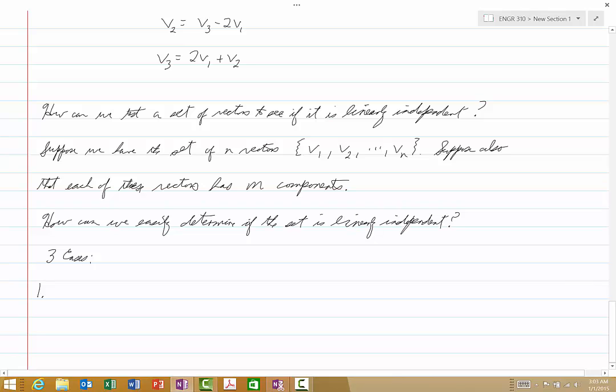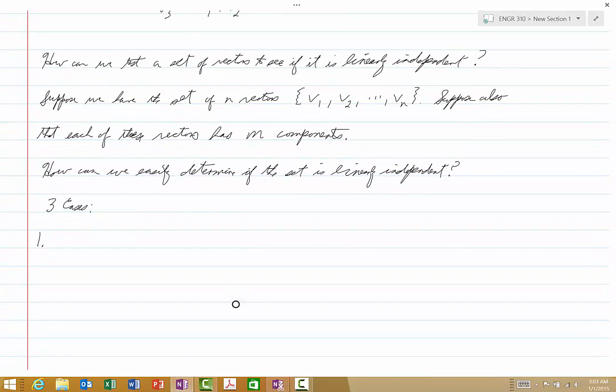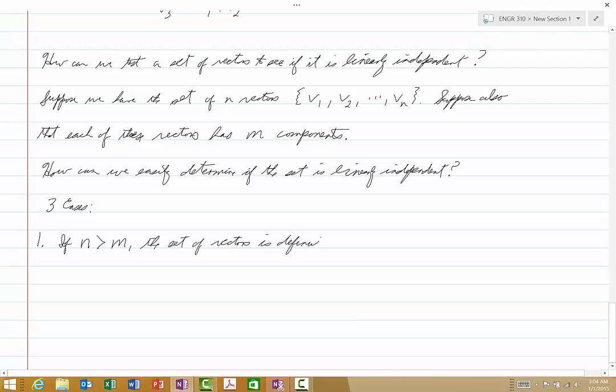One, if n is greater than m, the set of vectors is definitely not linearly independent.